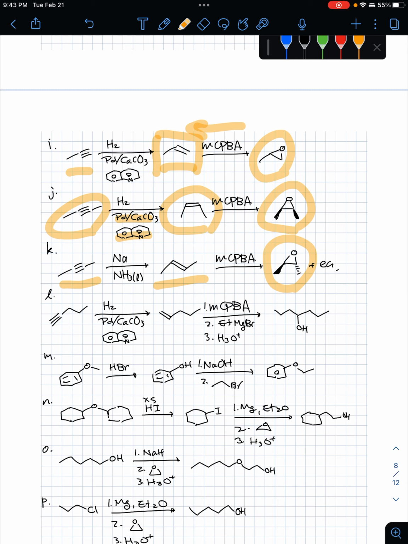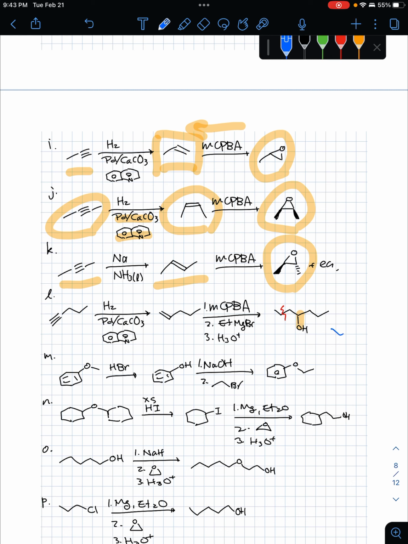The next problem here, we are adding a couple of carbons here, right? And then we are also introducing this alcohol. So remember, if you have to introduce some number of carbons, and at the same time introduce an alcohol, one of the great ways to do it is epoxide opening.